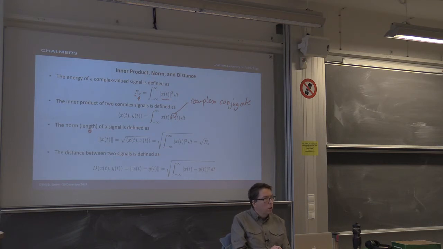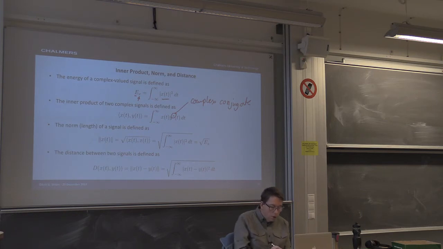Continuing, the norm or the length of a signal, and now we're starting to get closer to distance, is defined as follows. We take x and we take double bars here. So that's the norm. It's defined as the square root of the inner product of x with itself. What is that? If y is equal to x, it is the integral of x times x conjugate, which is x magnitude squared. So it's the square root of this integral, and this integral we recognize as being the energy of x.